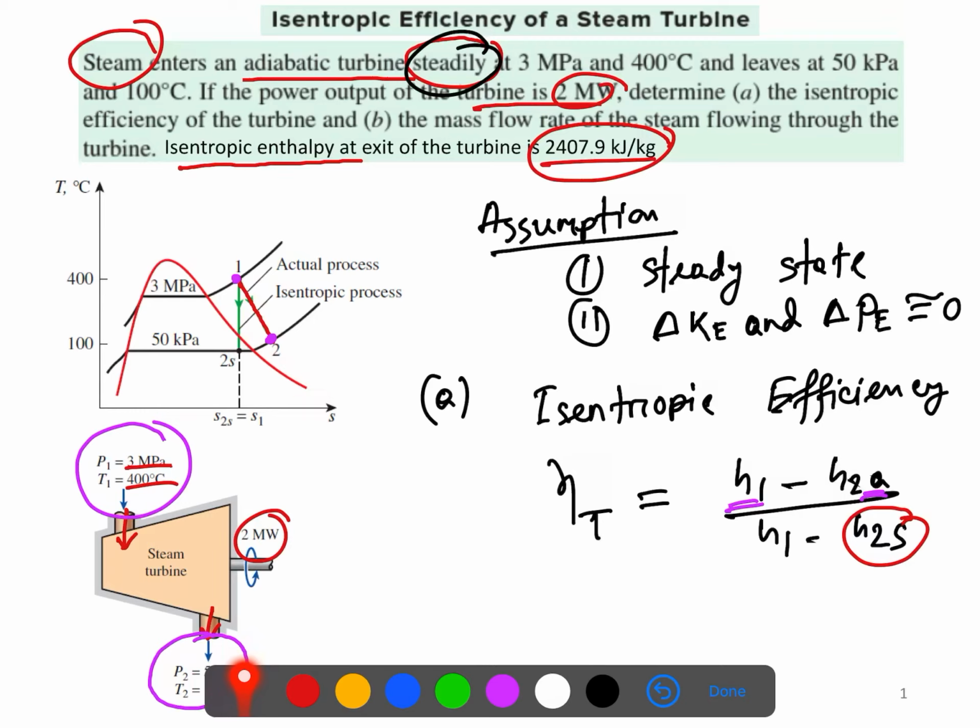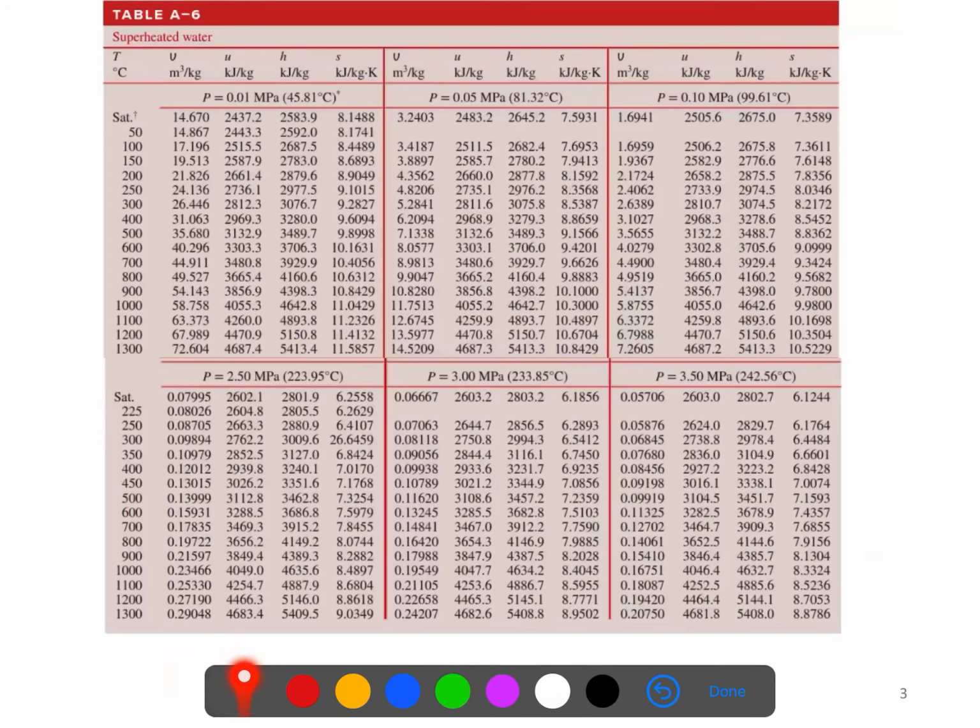If you remember from week 2, week 3, inside this is the mixture region, right? The left-hand side is the compressed region, and the right-hand side, this region, is the superheated region. So here the material is steam, which means we will use the superheated table. This is table A6, superheated water.